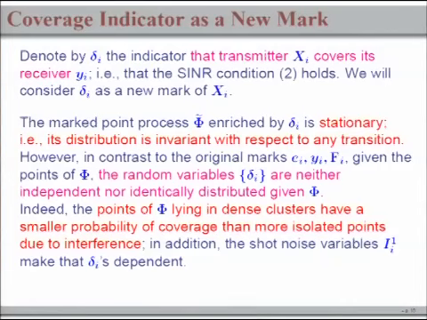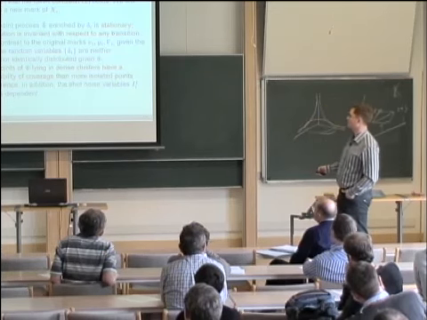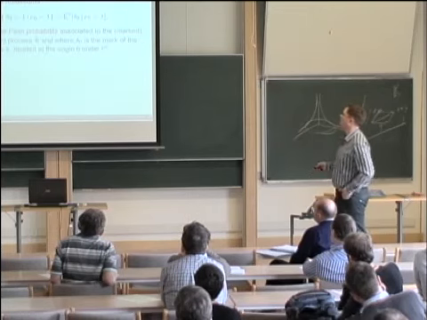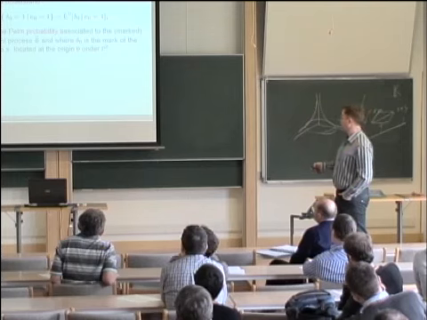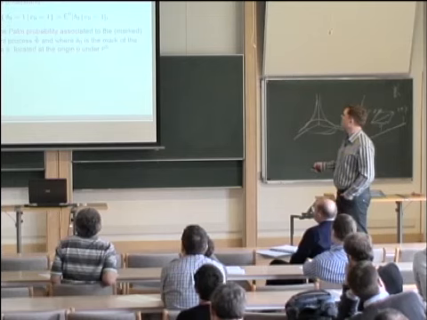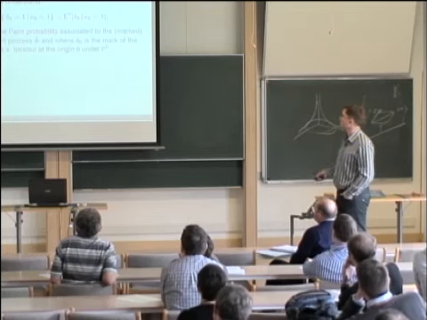So what stochastic geometers are interested in first is the distribution of the typical such mark. I mean, they would call it like that: conditional on a given node, a typical node, being an emitter, what's the probability of successful transmission of this node?